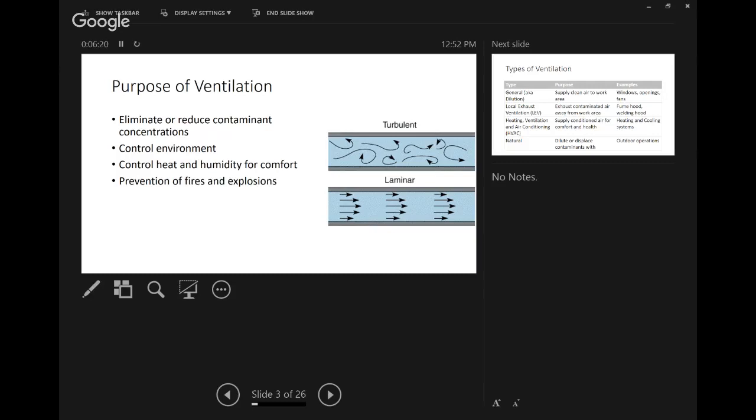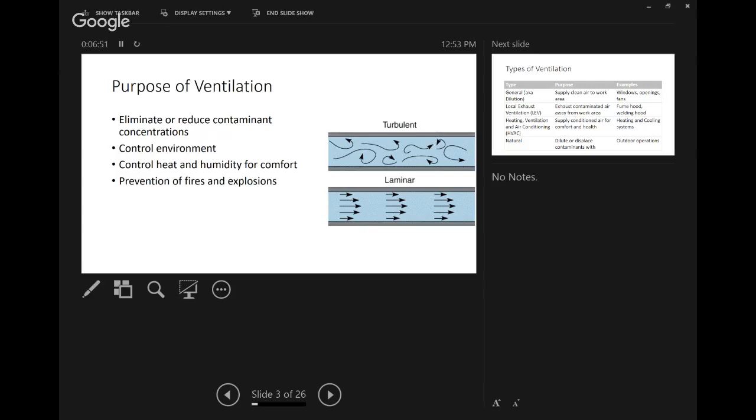And if you imagine air moving, I want to explain this figure here, moving through a pipe like a duct, it can either be moving nice and smoothly, or it can be very turbulent. So this is what you do not want in your air system. You want nice, smooth flow. And we'll talk about some things that contribute to both of these later on.